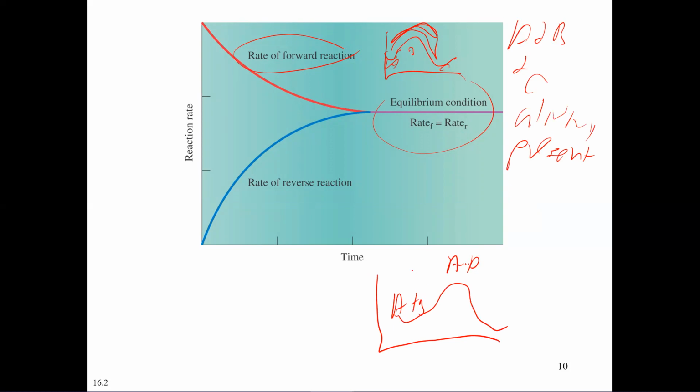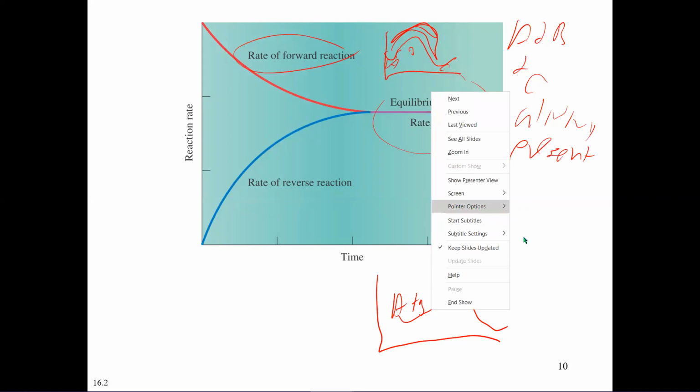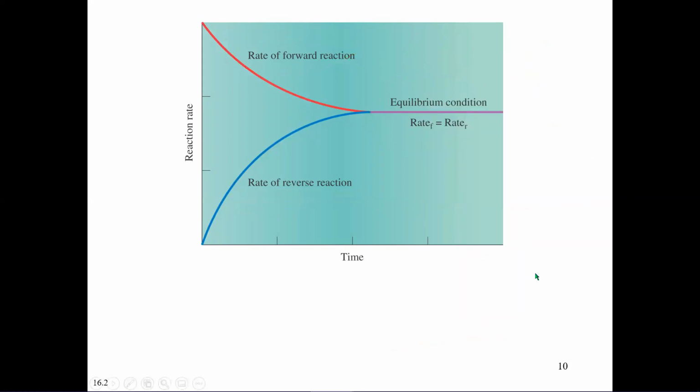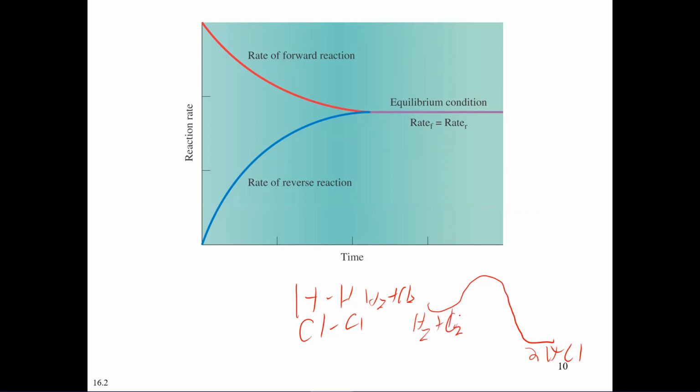So for example, let me use another example here, where you have H2 and chlorine reacting with each other. You have H2 plus chlorine under certain conditions, and you start at that point, and it goes up like that and then down the other way. Essentially what you're trying to get is 2HCl down here, and then you have H2 plus Cl2 on that side.